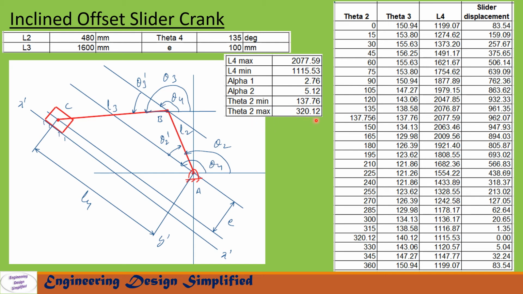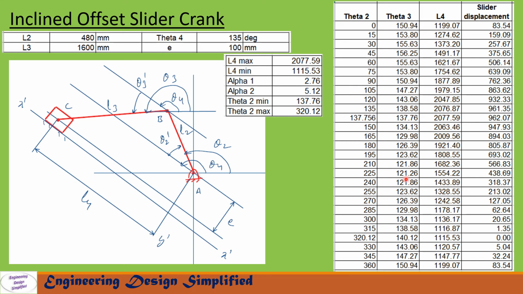Now in this column we have written crank angle theta 2 from 0 to 360 degrees at an interval of 15 degrees, and this column is theta 3 calculated using the equation derived in the previous slides.